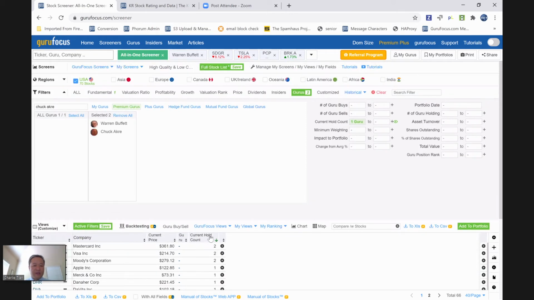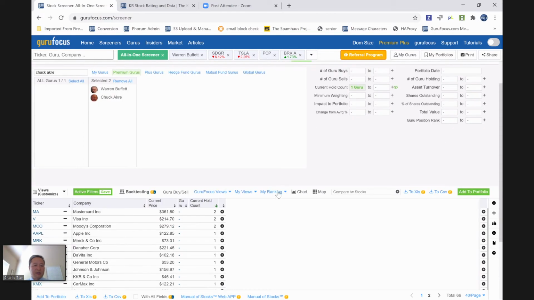I sort by the current hold count here. You can see that both Warren Buffett and Chuck Akre own Mastercard, Visa, and also Moody's Corporation. Both of them own these very high quality companies, three of them.